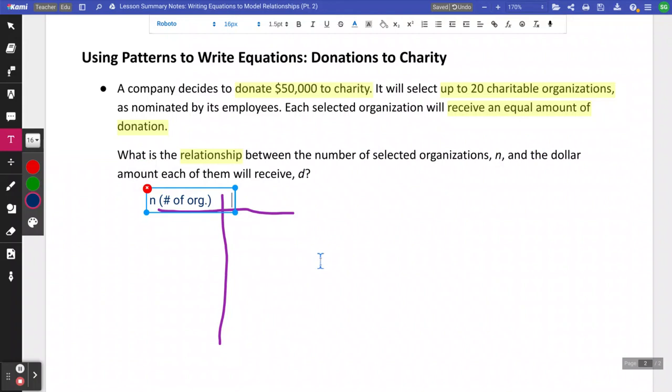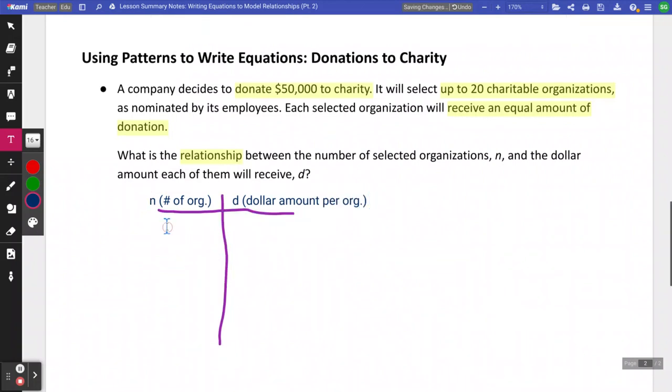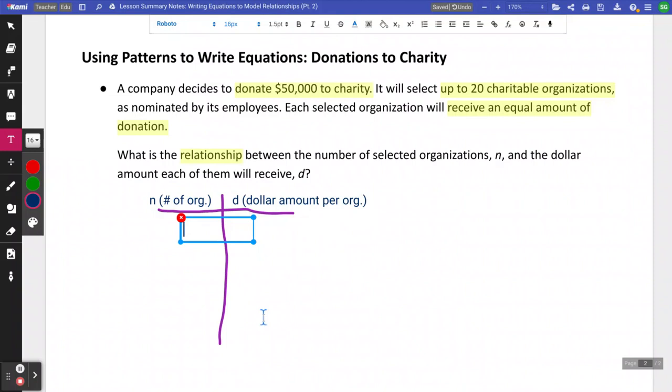And then my second column is D, which is the dollar amount per organization. So this is how many charities they pick, and then the second column is how much money each charity gets. So for example, and this is part of creating the table, I'm just picking some random numbers here. I'm going to pick they donate to one charity. How much money does that one charity get?